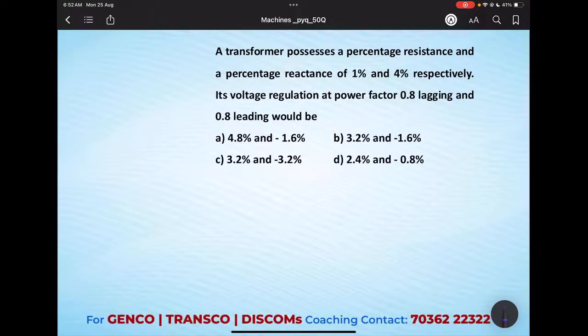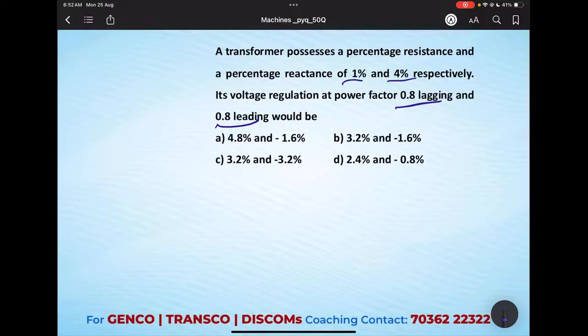The next question is: a transformer possesses a percentage resistance and percentage reactance of 1% and 4% respectively. Find its voltage regulation at power factor of 0.8 lagging and 0.8 leading.